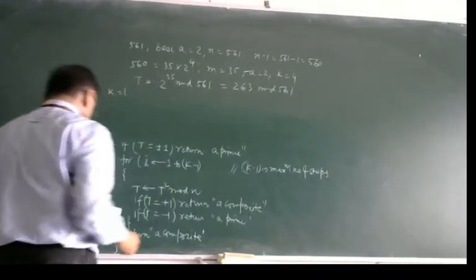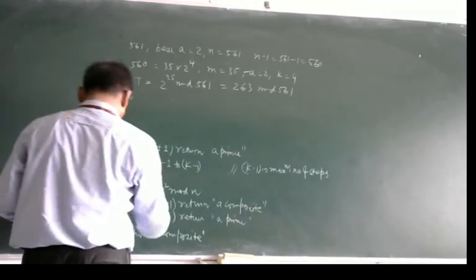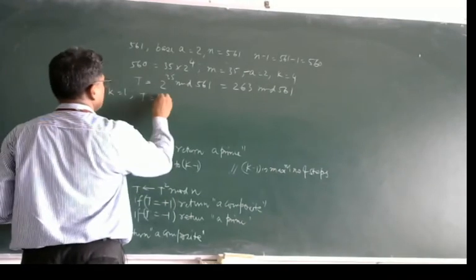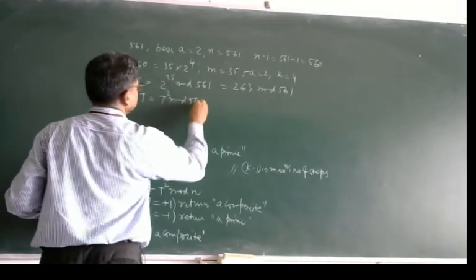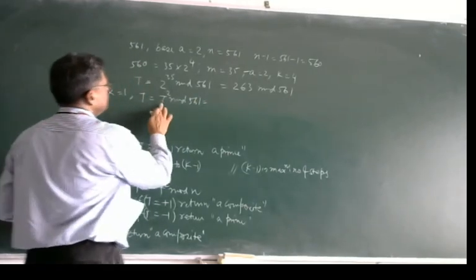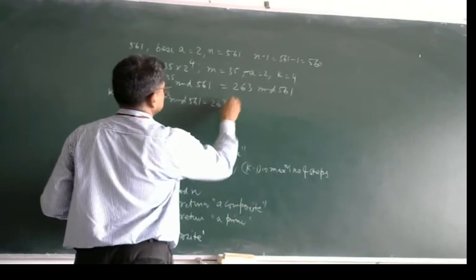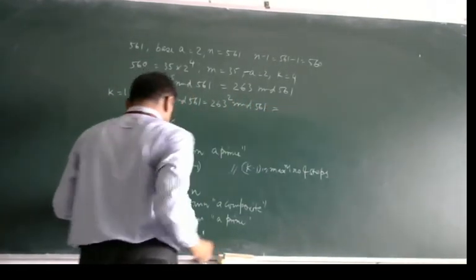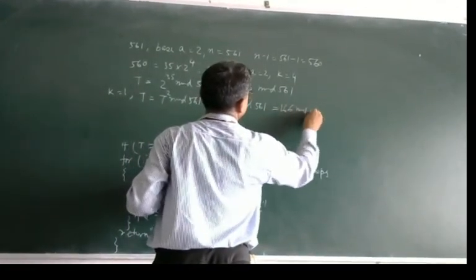So suppose i is equal to 1. What we have to do is calculate the next value of t, and that value of t is t square mod n, mod 561. What is t square? The new value of t which we have found out is 263. So it is 263 square mod 561, and that will come around 166 mod 561.